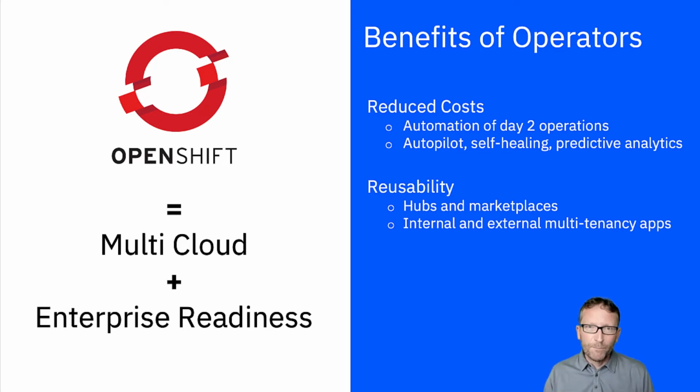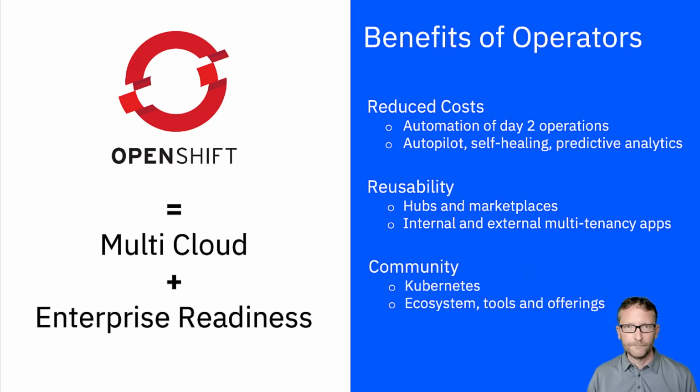Operators support the packaging of Kubernetes-based enterprise applications so that they can be shared and promoted in various marketplaces, catalogs, and hubs. With operators, applications of partners can be made reusable and offered digitally in a self-service fashion.